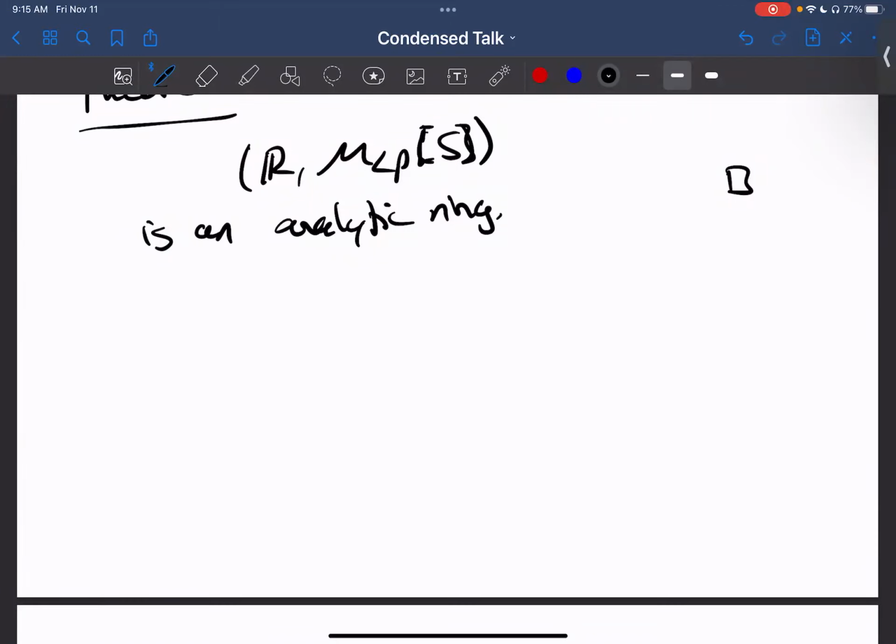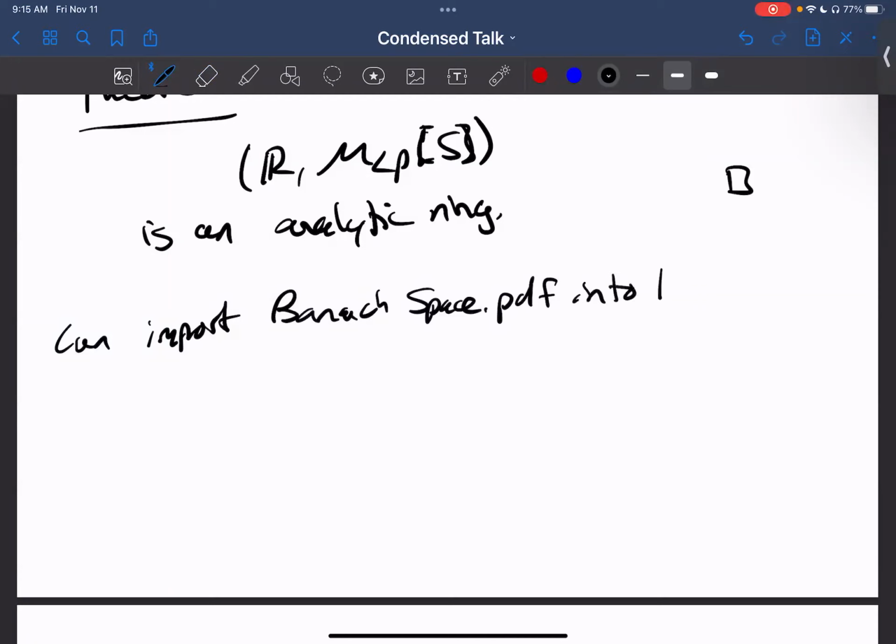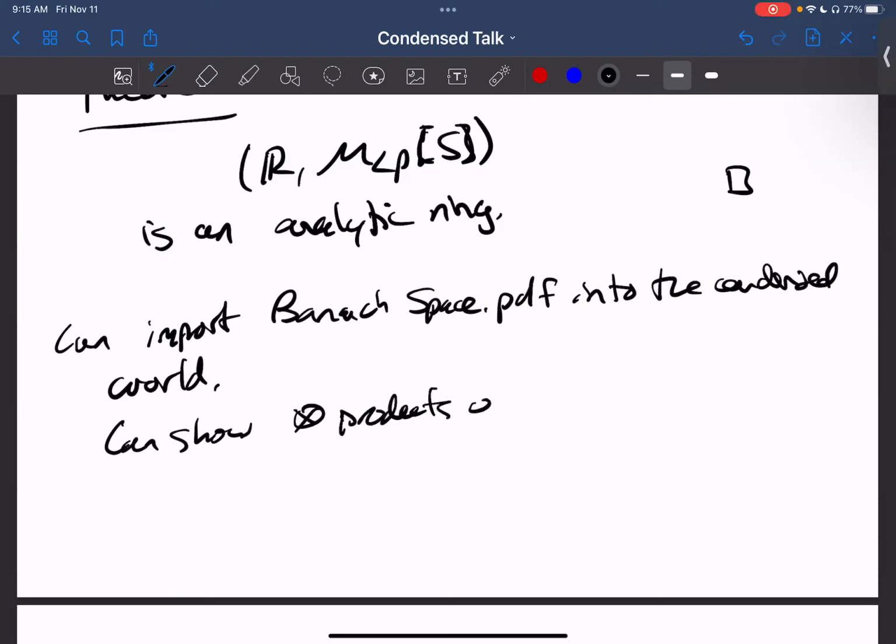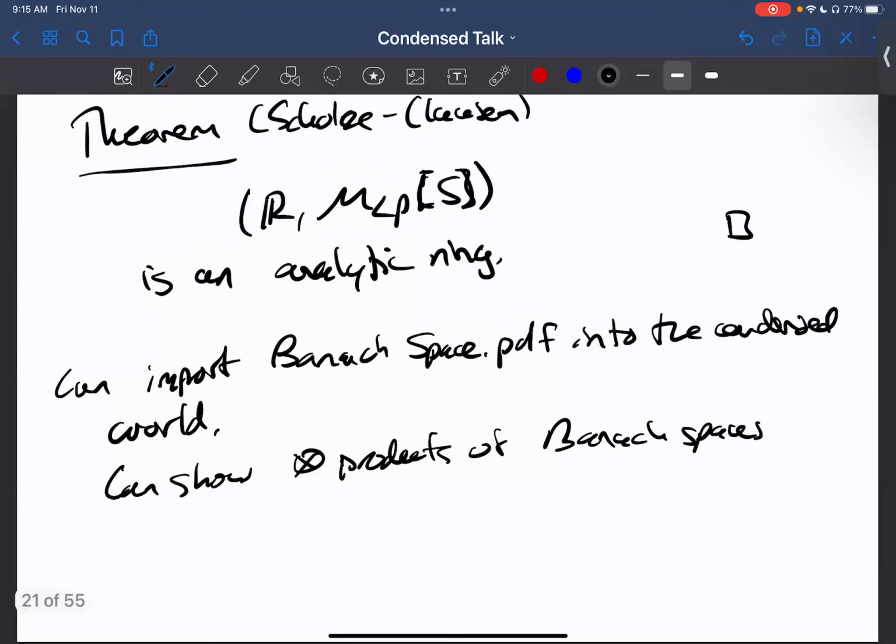Okay. So this is nice because now we can import Banach space dot PDF into the condensed world. And you can show tensor products of Banach spaces in the condensed world. These, okay, this is actually not in the liquid modules.